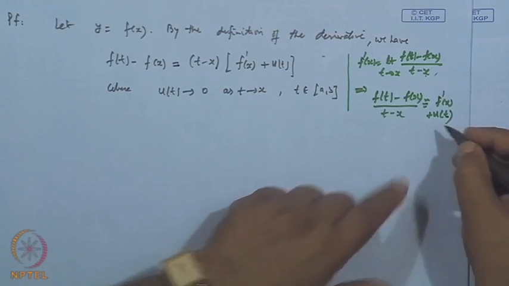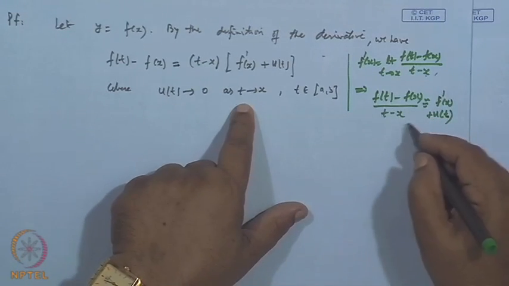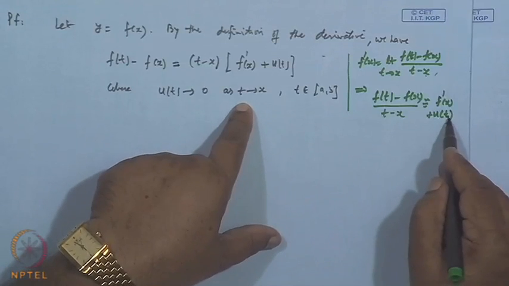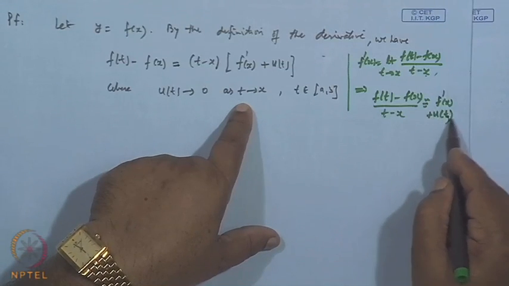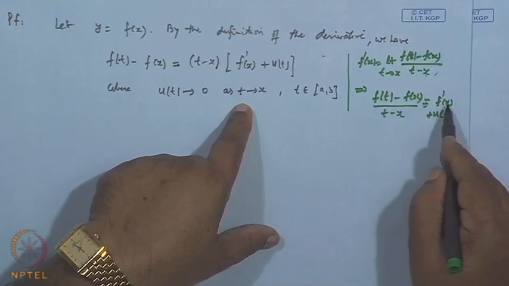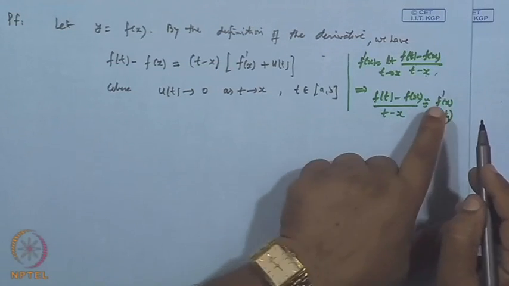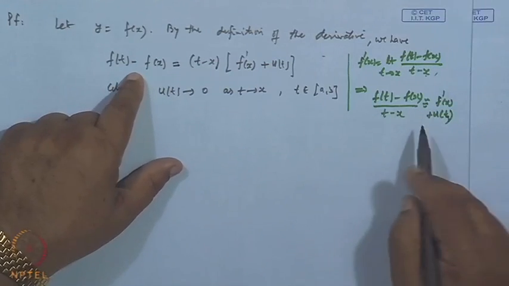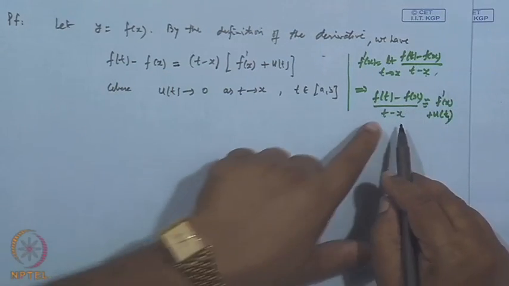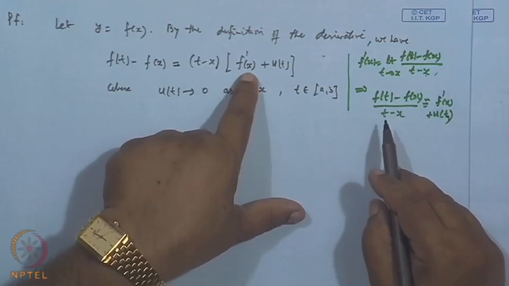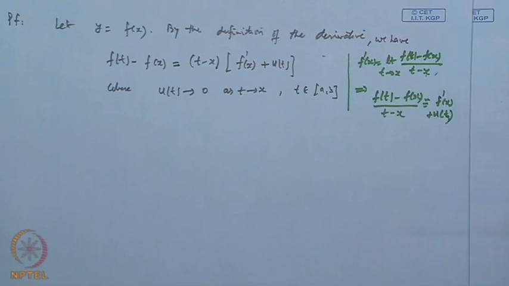This u has the property that it goes to 0 as soon as t approaches x. So when t approaches x, this part tends to 0 and the ratio coincides with the derivative. So the same thing I am rewriting this way: f of t minus f of x is t minus x times this thing. So, this is what we get.